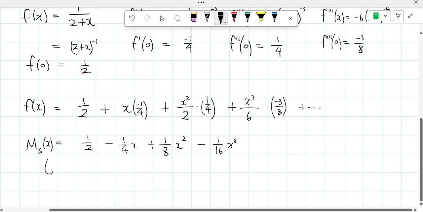What it means is, this is the third degree Maclaurin series of f of x. That's what this notation means.